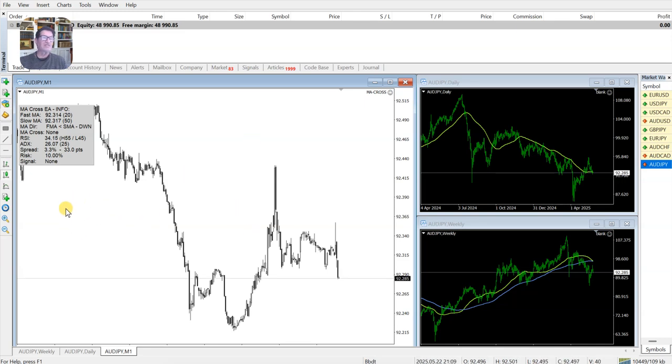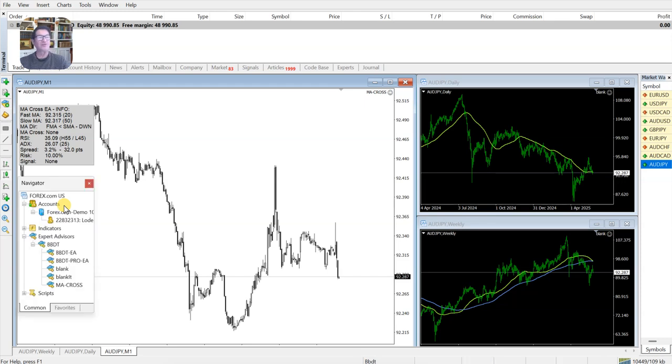Once you have all that set up, go back to your chart and click Control N, like Nancy, to load up the Navigator. Go to Expert Advisors, right click your mouse, click on refresh so that you reload everything. If you don't have a subdirectory but loaded it straight in, everything will be there without the subdirectory name. In my case, these are the EAs stored under my subdirectory.